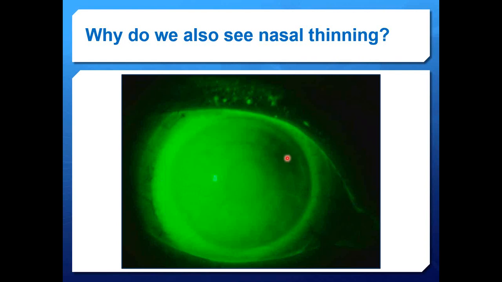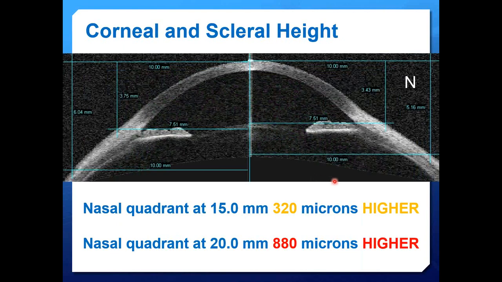And why is the lens riding temporal? Is it an against the rule scleral shape? Is it some kind of lid force? Is it a displaced corneal apex? Well, one of the things that's beneficial to know is in a follow-up study that we did at Pacific University, we found that with OCT, the nasal aspect of the eye at the 15 millimeter chord was much higher in elevation than the temporal side was.